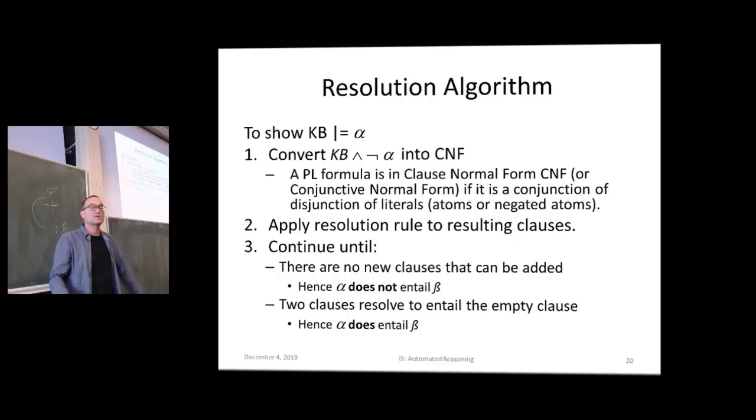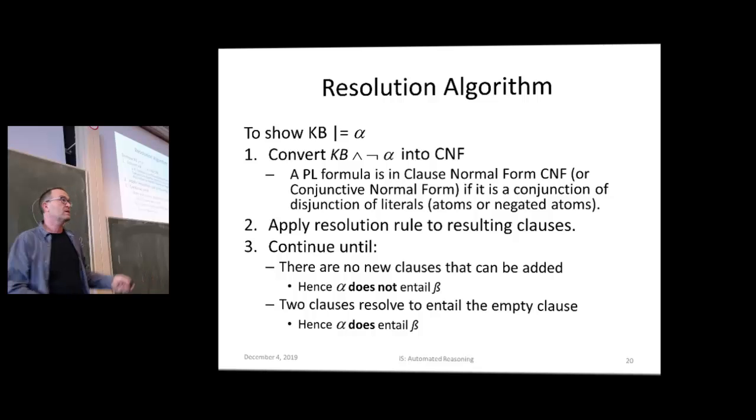The empty clause stands for unsatisfiability, because P and not P can never be true, of course. So you derive a contradiction, and if you derive the contradiction, your clause set is unsatisfiable, and if the clause set is unsatisfiable, the formula is entailed. It's the same algorithm that we had with Davis-Putnam.